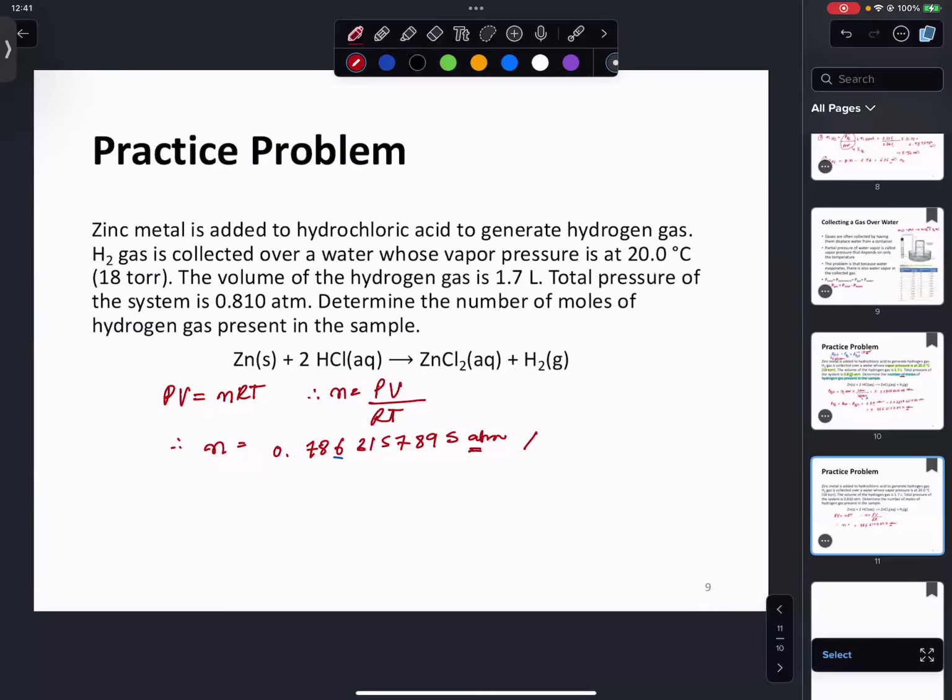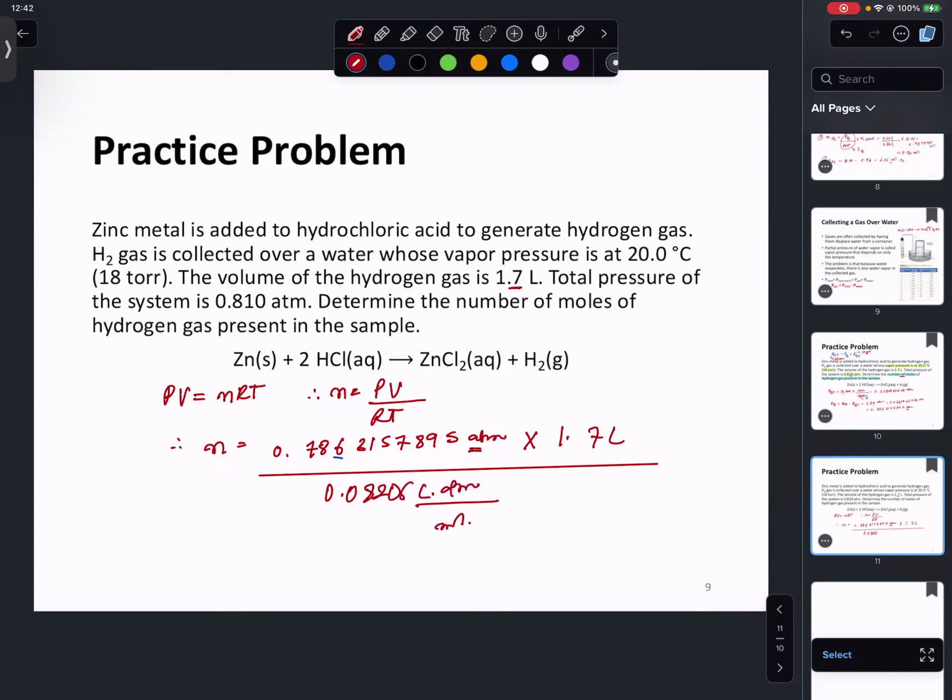times the volume. The volume is already given to me in the question, 1.7 liters, divided by the universal gas constant, 0.08, times the temperature, which is 20.0 plus 273.15. From this operation right here, I should get 4 sig figs.